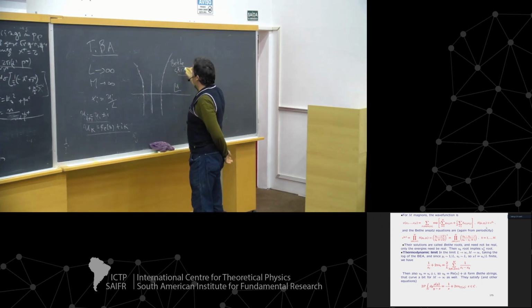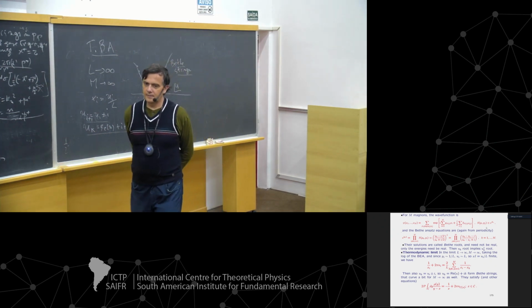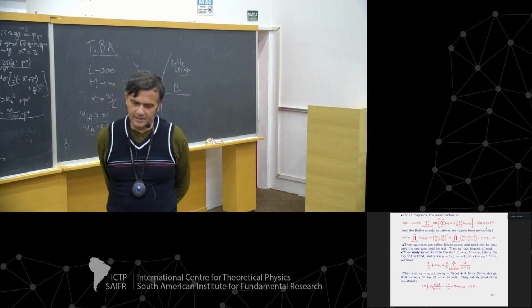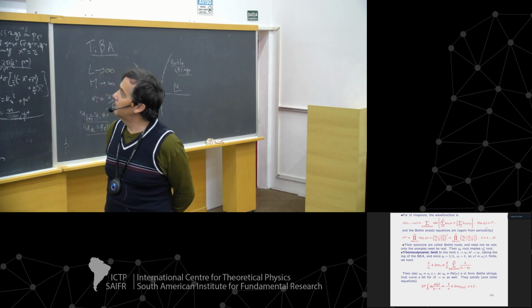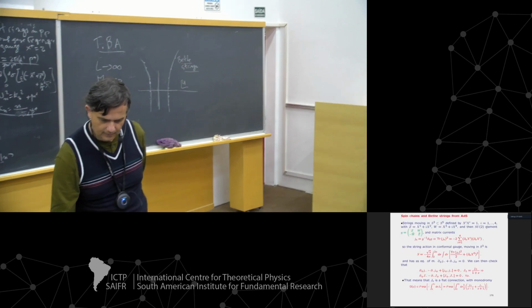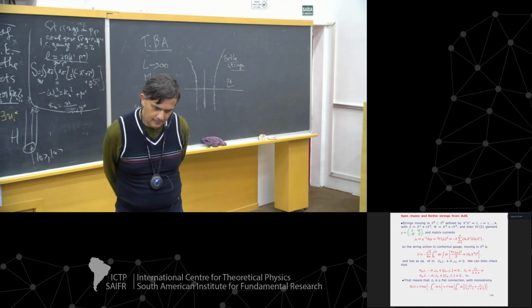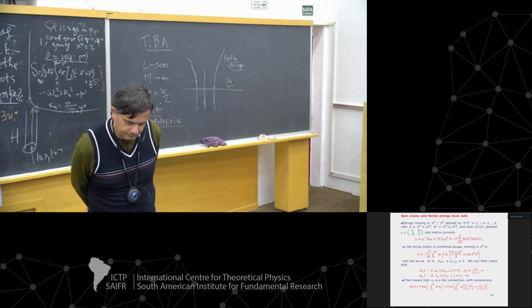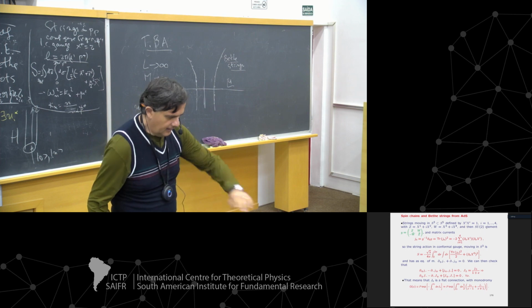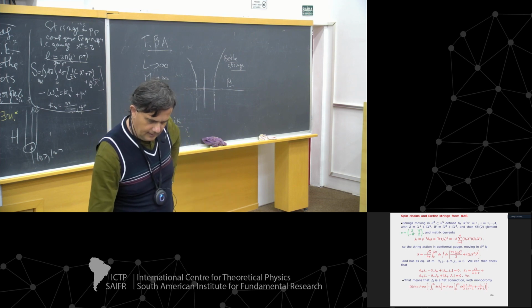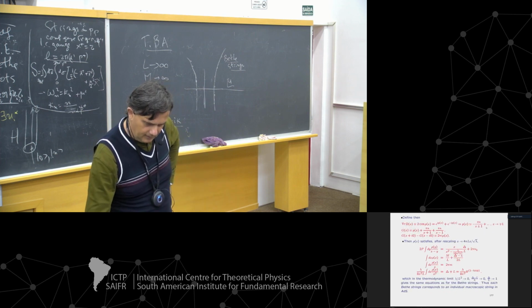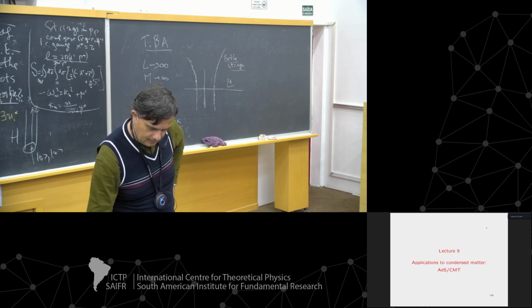And it is these lines, the Bethe strings, that are obtained from a calculation in anti-de Sitter. Yeah, I actually hesitate to describe this calculation. I'm out of time.